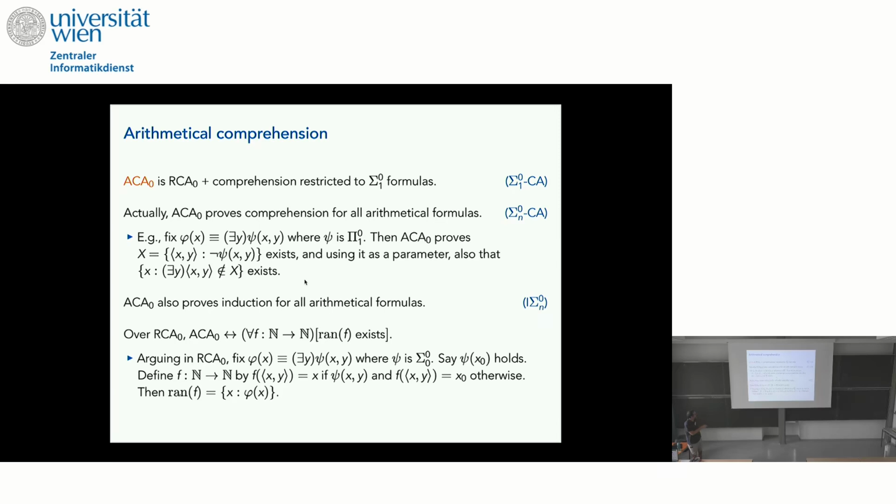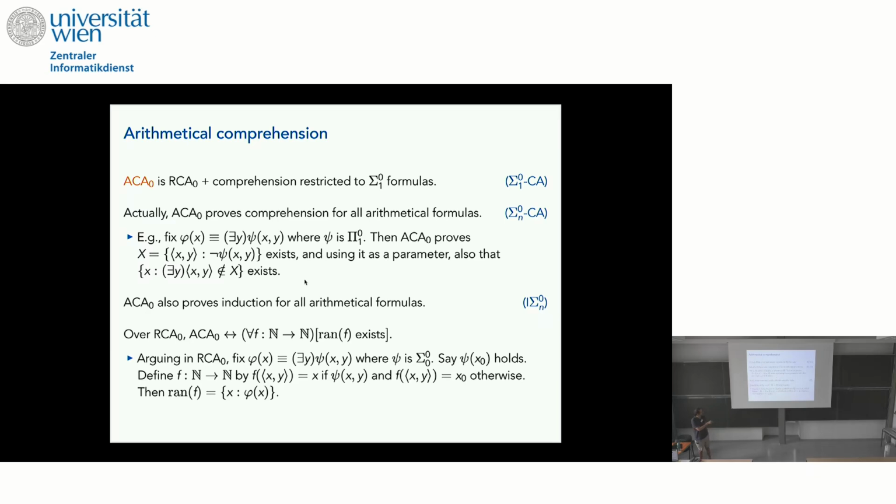How do we go the other way? So suppose we have this formula phi of x as exists y psi of x,y, and now psi has only bounded quantifiers. If C doesn't hold of anything, then there's not much to prove as far as defining the set. So suppose it holds of x0, and what we're going to do is basically monitor witnesses to this formula for different x's.